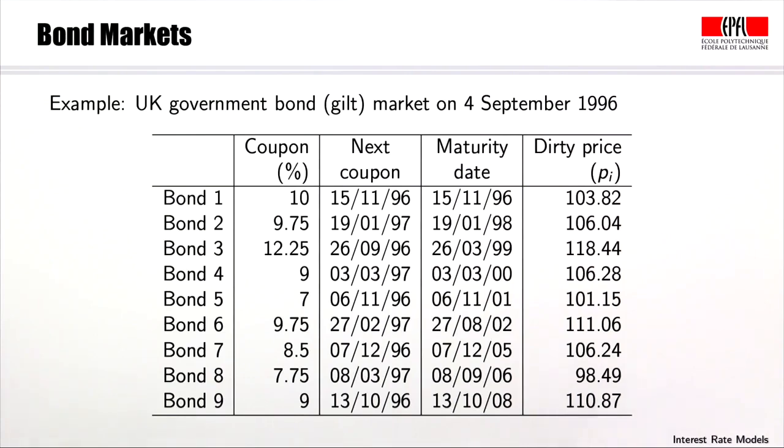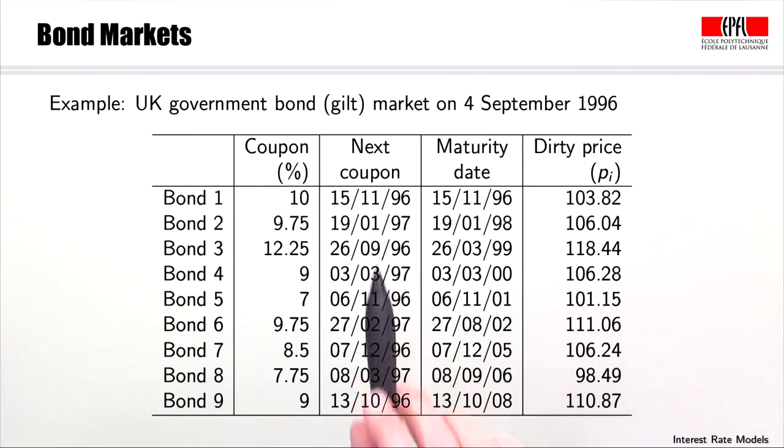As an example, we look at these quotes of UK government bonds on the 4th of September of 1996. We have 9 bonds. They come with coupons ranging from 7% to 12.25% on a principal of 100.